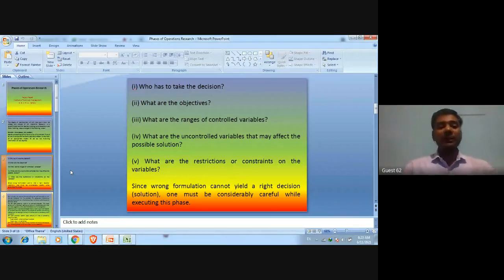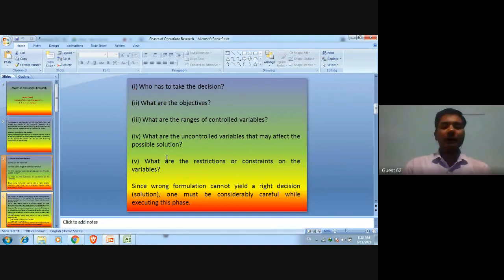That's why this stage of operations research is very important. The identification of the problem should be clear and defined precisely.